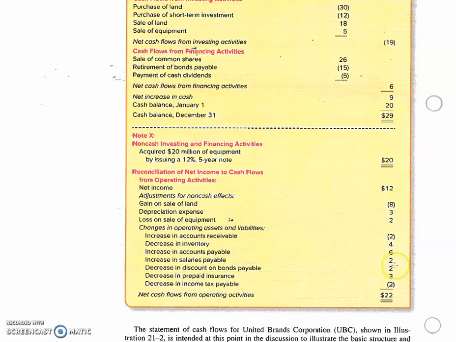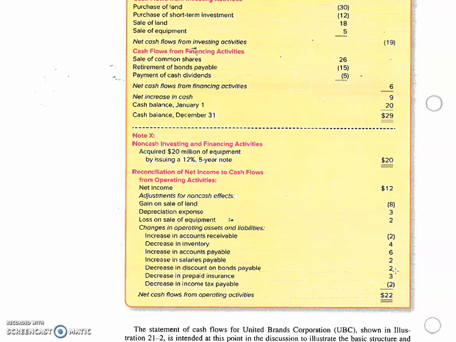We increased salaries payable, so we had more in salaries expense than we had in cash outflows, so we need to add that back. Then we have a decrease in discount on bonds payable. So you've got to think about how amortizing a discount works.